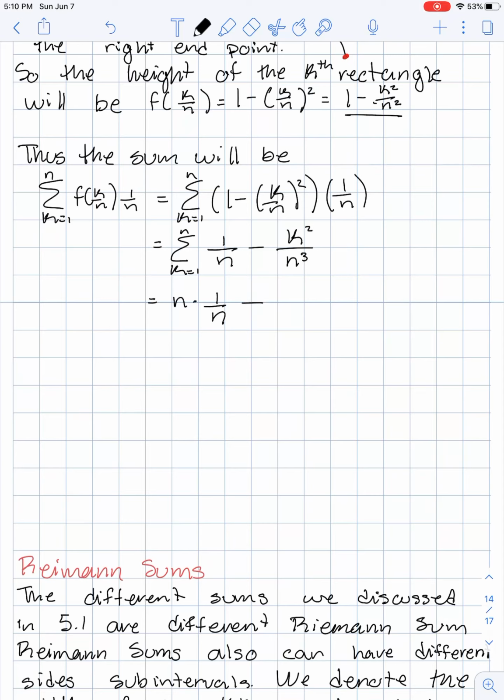minus the sum of k equals 1 to n of k squared over n cubed. So this equals 1 minus, this 1 over n cubed can come out.